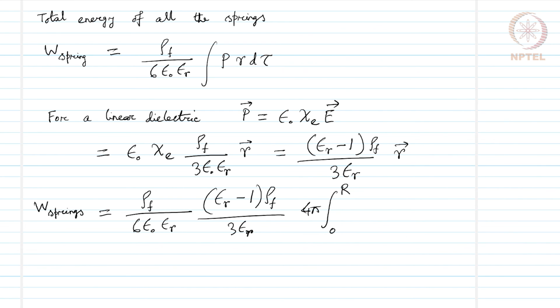This system is symmetric against theta and phi, so we can just write 4 pi for that integral. Only the integral over r we have to find out, that is r power 4 dr, and if we calculate this, we will find twice pi over 45 epsilon naught epsilon r squared rho f squared R power 5 epsilon r minus 1.